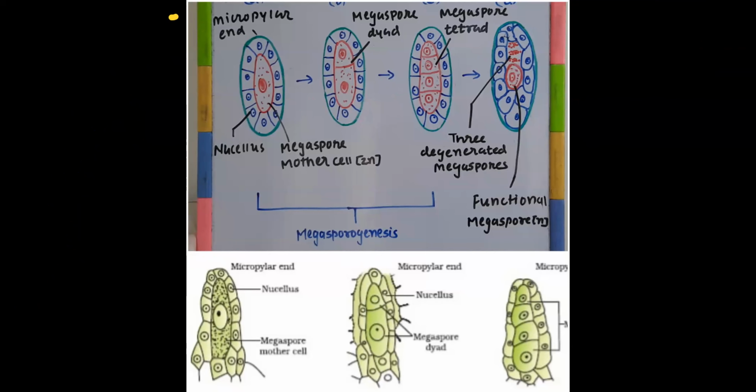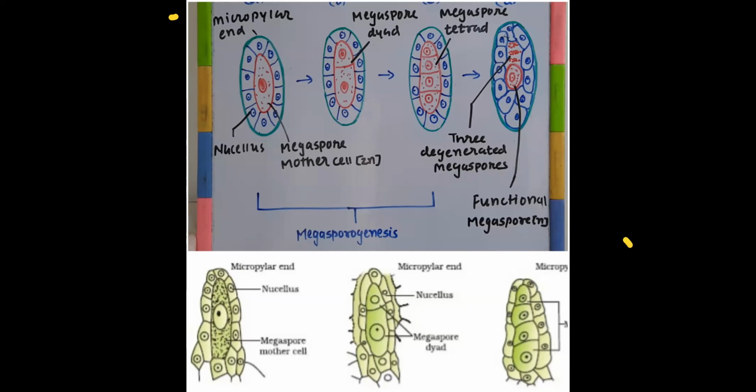Ovules generally differentiate a single megaspore mother cell within the ovule inside the nucellus. Only one megaspore mother cell will be formed. Unlike that, in the sporogenous tissue of the microsporangium, you remember each cell is a potent microspore mother cell. Each cell of the entire mass of the sporogenous tissue is capable of behaving as a pollen mother cell.